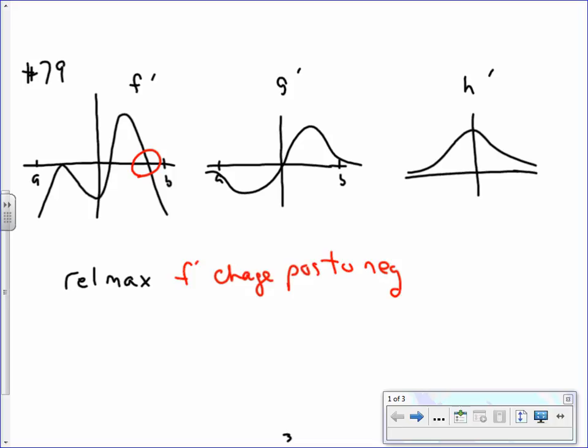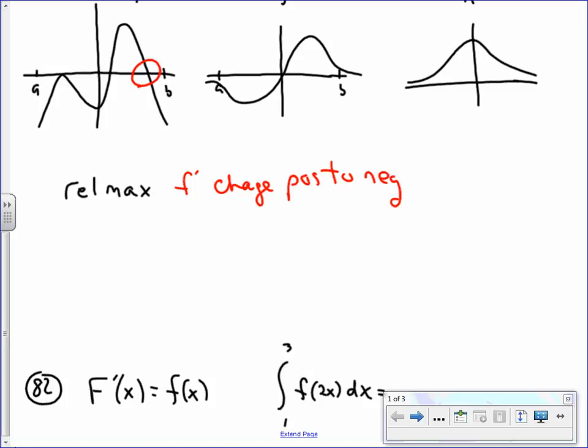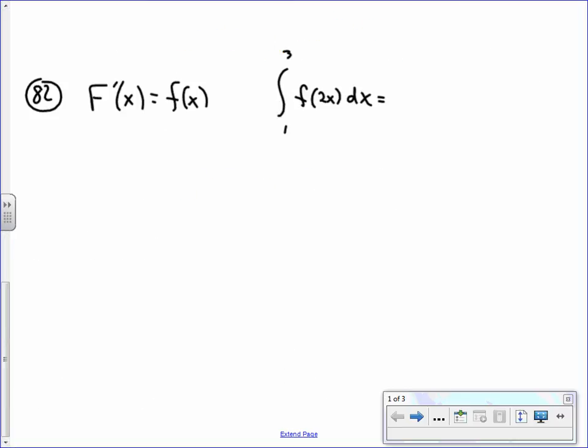All right, go over to the next page, to number 82. And there's that notation we've just been talking about.